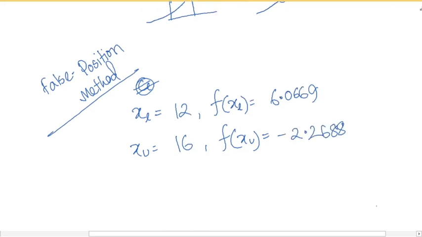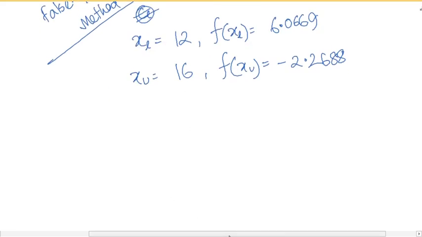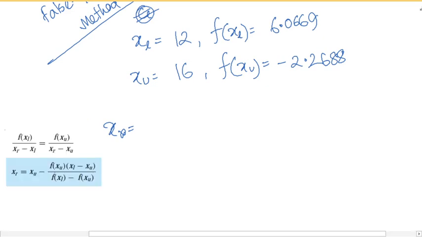So from these two values, if we use the Regula Falsi method to calculate xr, we take the values. This is the formula for us.